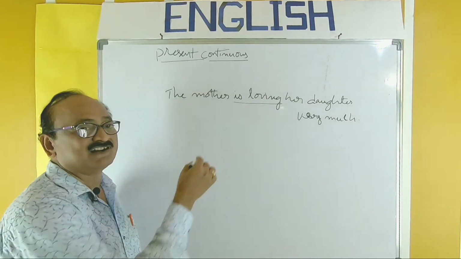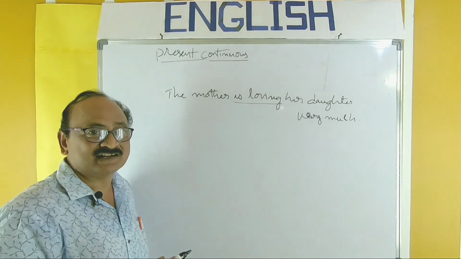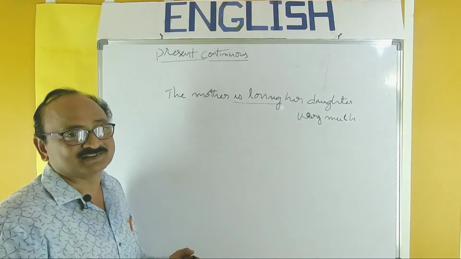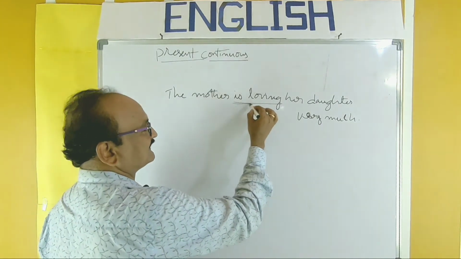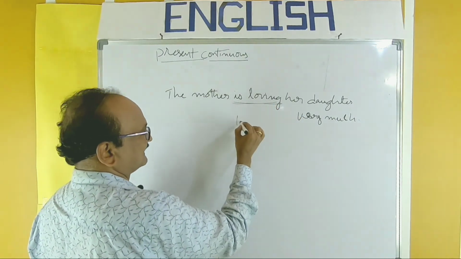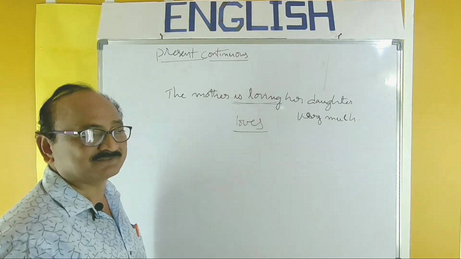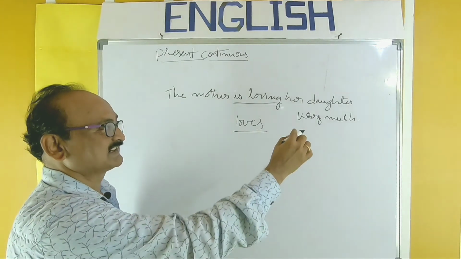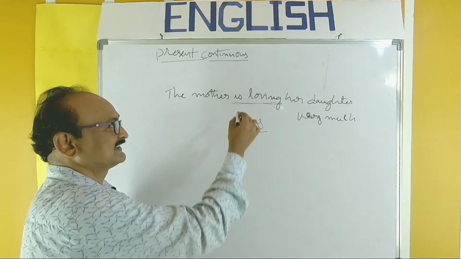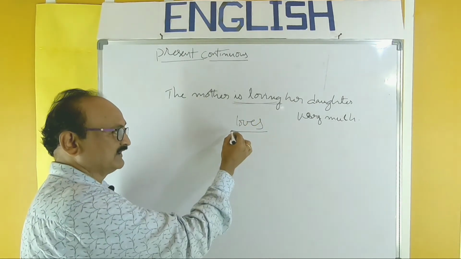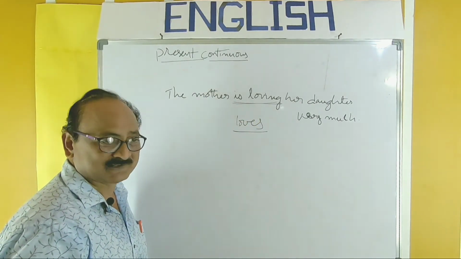So, it is wrong to use in present continuous. Then how to express? Go to simple present. It is so easy. Is loving, wrong. So, the mother loves. That is the right way. The mother loves her daughter very much. Instead of present continuous, we have to use the simple present.